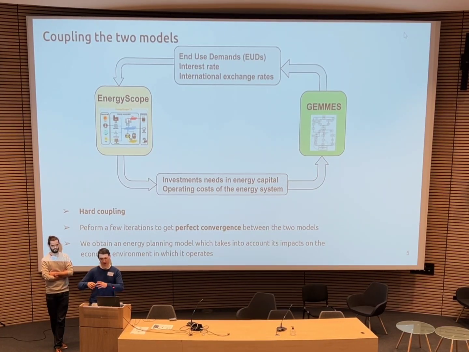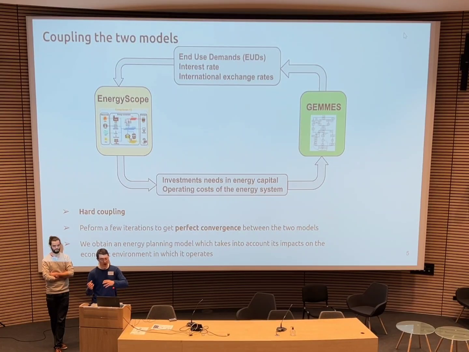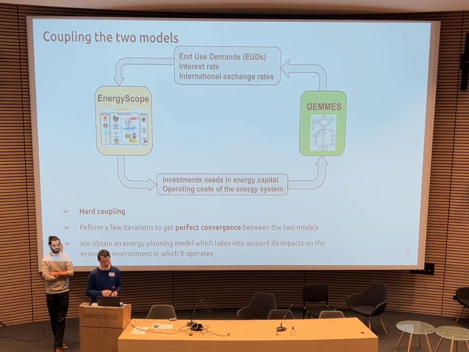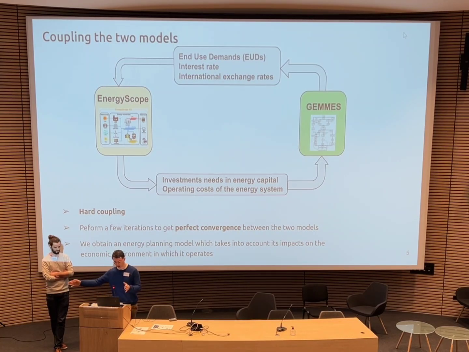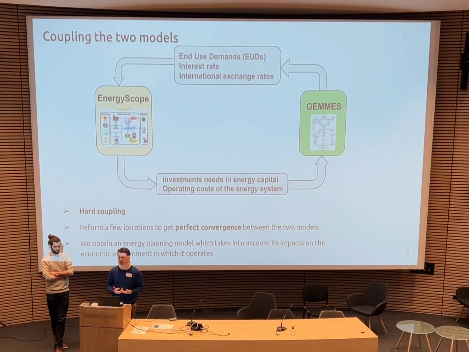Then, from this GEM run, we can extract energy demand projections as well as different economic data which allow us to estimate the cost of financing for investments in energy infrastructure and how this evolves throughout the transition. Then we feed all of this into Energy Scope. We run Energy Scope, which gives us a suggestion of transition plan.